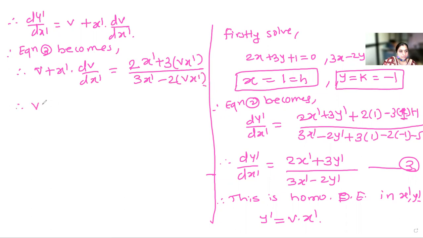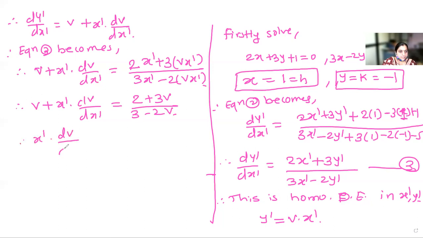Therefore v plus x dash into dv by dx dash is equal to, now you can see from numerator and denominator x dash gets cancelled. So 2 plus 3v divided by 3 minus 2v. Now shift this v to this side. So here x dash into dv by dx dash is equal to 2 plus 3v divided by 3 minus 2v minus v.